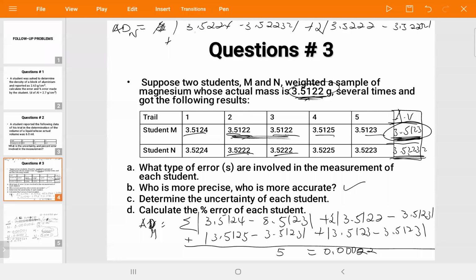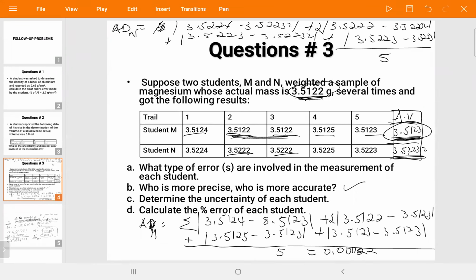The fourth: absolute value of 3.5223 minus 3.52232, plus absolute value of 3.5223 minus 3.5223. After that, we divide these values by 5.